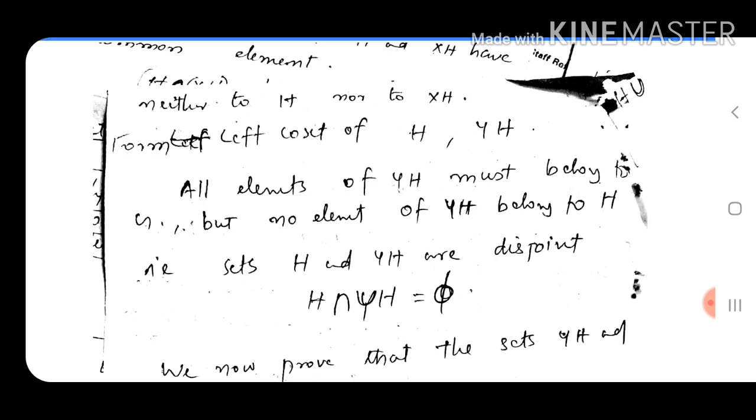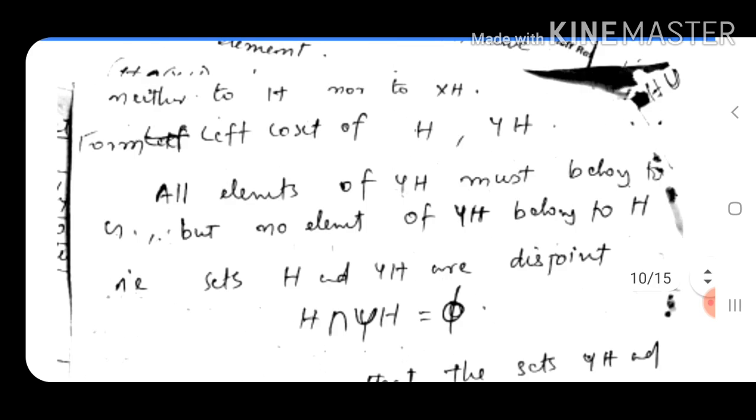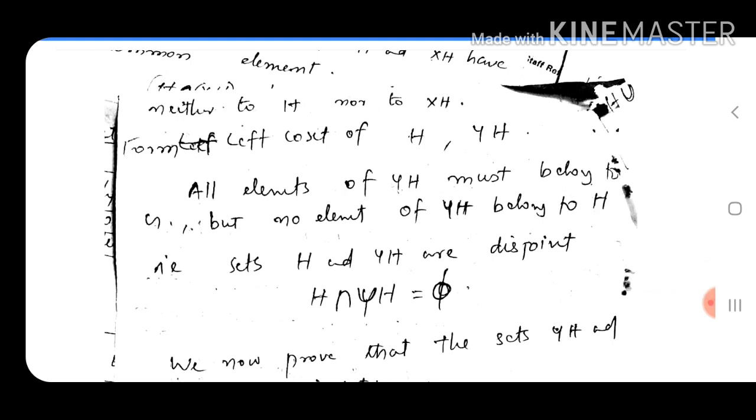YH is the left coset of H with respect to Y, so we will be getting small h number of elements. The elements that we are getting in YH must belong to G, but no element of YH belongs to H. That we have seen.